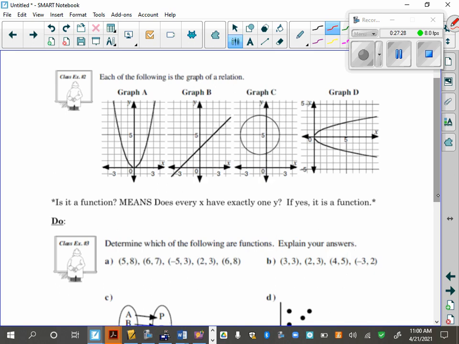Okay. Is this a function, yes or no? Yes. Yes or no? Yes or no?